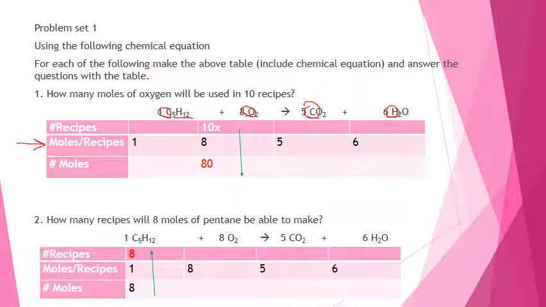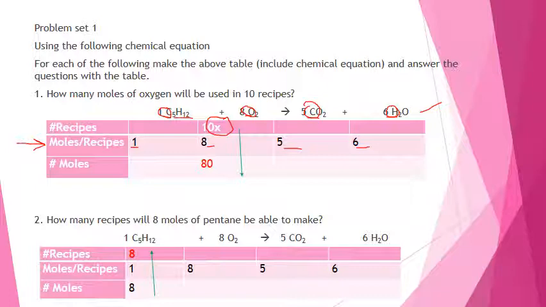Write out the balanced chemical formula and start the table. We're going to expand the table in a few minutes. When you just have moles, make sure you put the coefficients in as moles per recipe. All right, and it says you want to do the recipe 10 times.